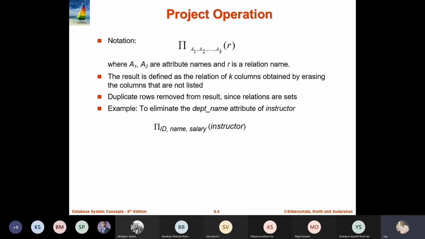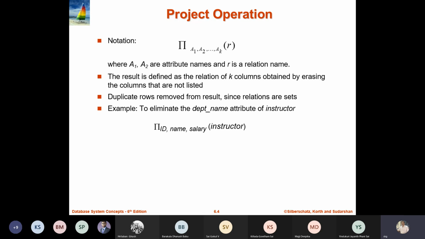Suppose I want to project only the department name. There may be a number of instructors from the same department, so one department may repeat a number of times, but as relations are sets, those duplicate rows are removed.